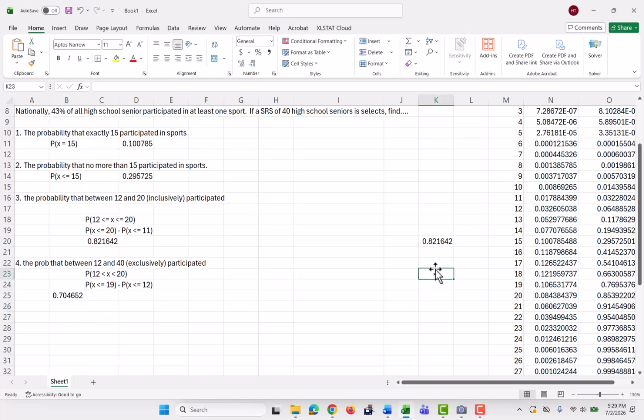And there it goes. Let's do a double check over here on our distribution. We're going to do the sum from 13 to 19. And there we get that same value.